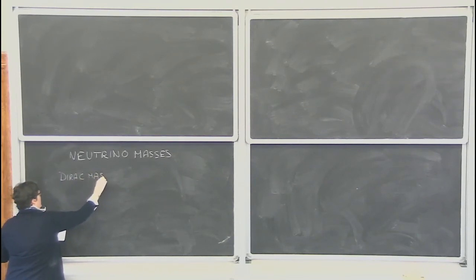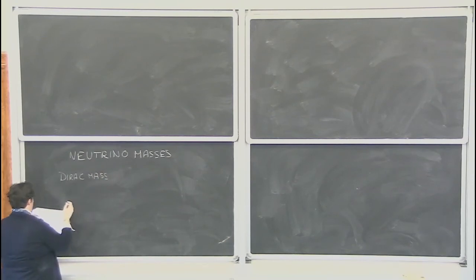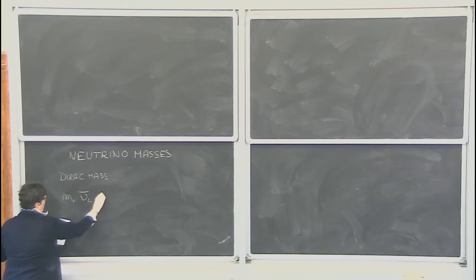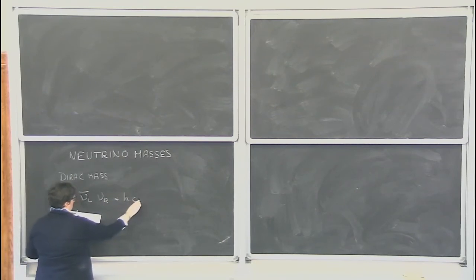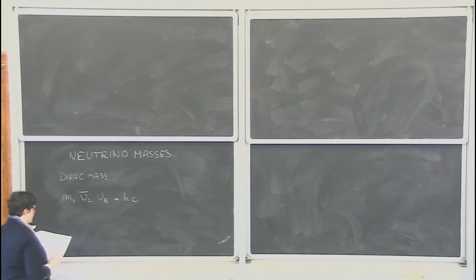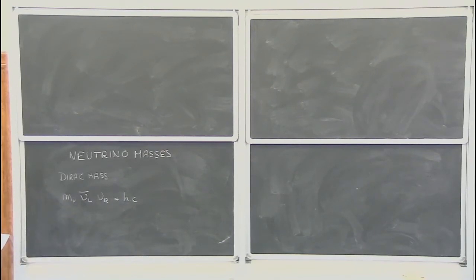So a Dirac mass term will be written as a mass, and then we will have the neutrino field left bar, nu right, plus the Hermitian conjugate. So I need two Weyl fields, a nu left and a nu right one.